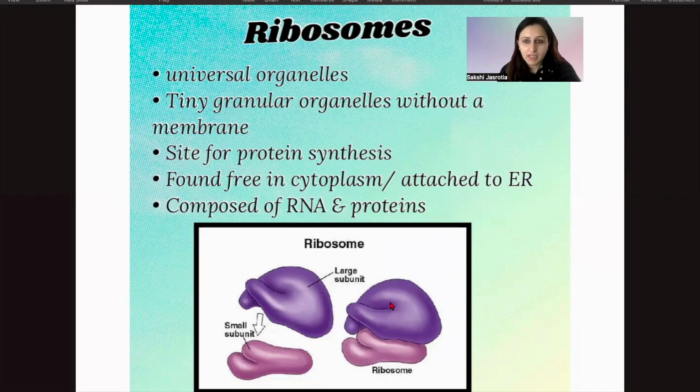One, they are present free, scattered in the cytoplasm. Second, if you just recall, we saw in the previous video that they are present on something. On what are they present? ER, yes, the endoplasmic reticulum. Which endoplasmic reticulum? RER, because its surface becomes rough because of the presence of these ribosomes, right? So they are present in two manners. One, attached to the RER. The second, lying freely in the cytoplasm.